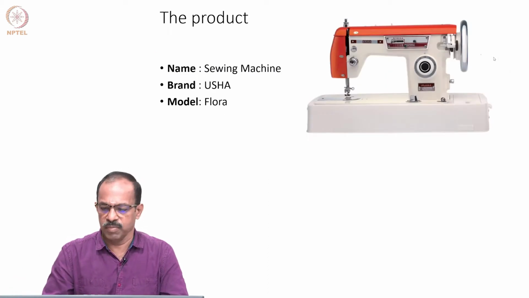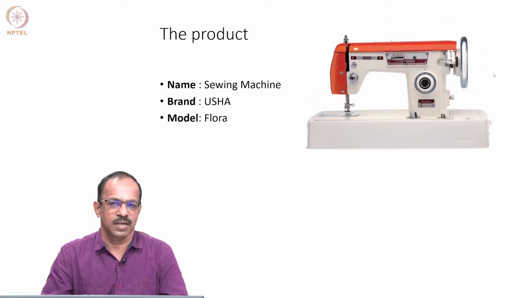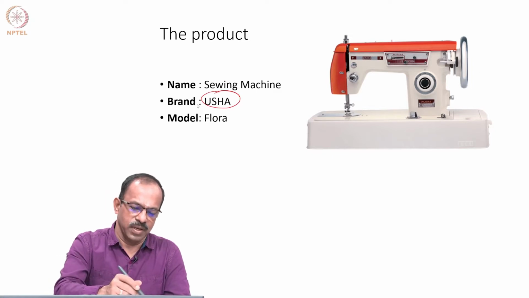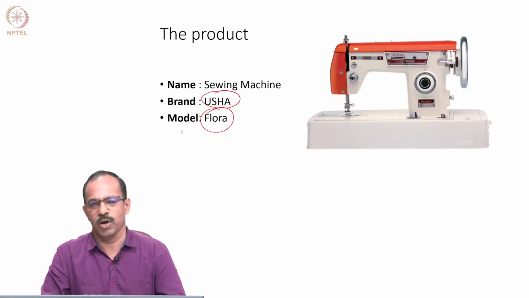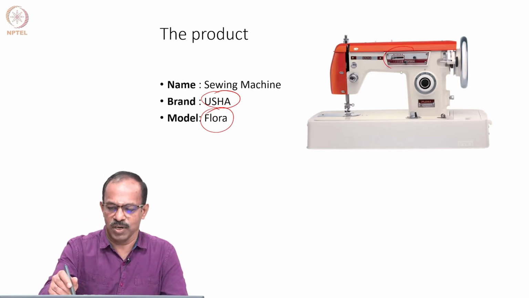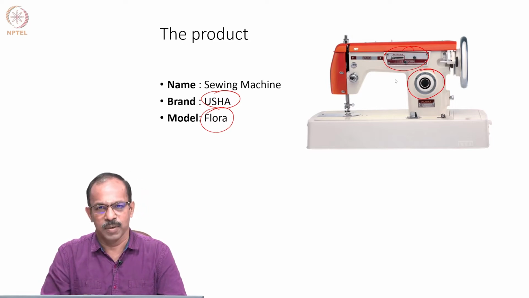Okay, so this is the sewing machine that you will be seeing in the video, where the TA will be trying to explain to you the various parts and assemblies in the product. It's a Usha make, and this is a Flora model. As you can see here, there are different features for control, and there are many knobs for controlling it.